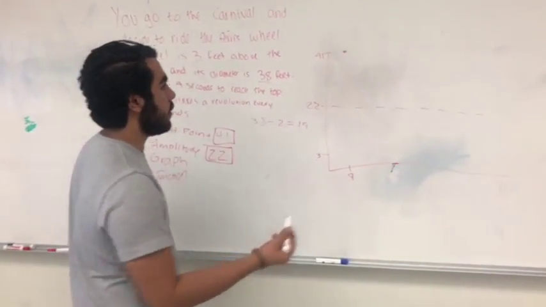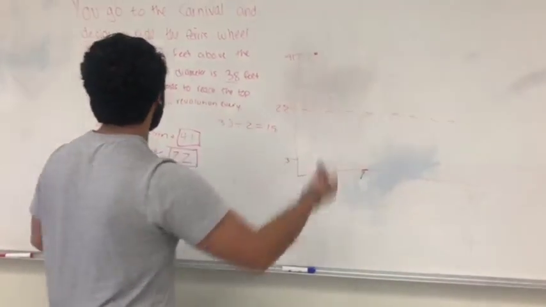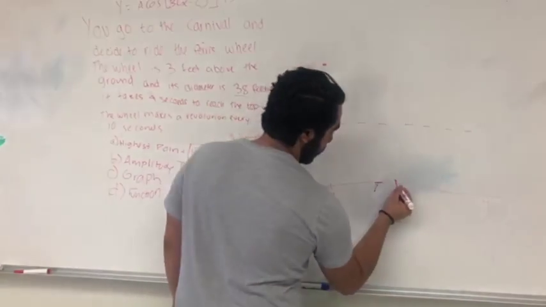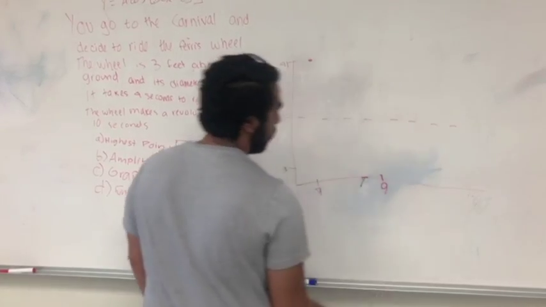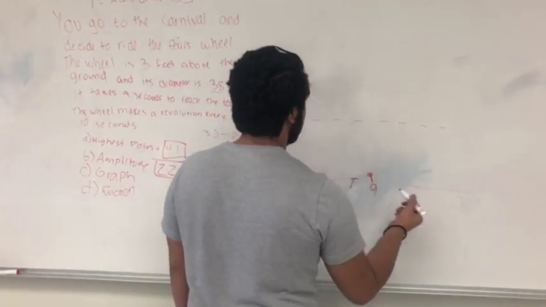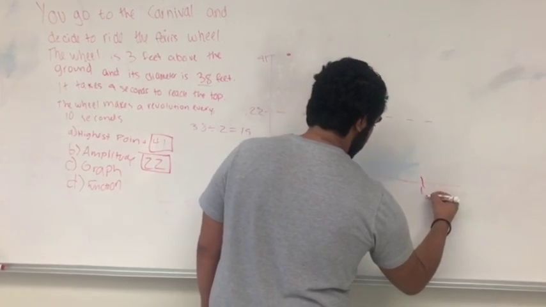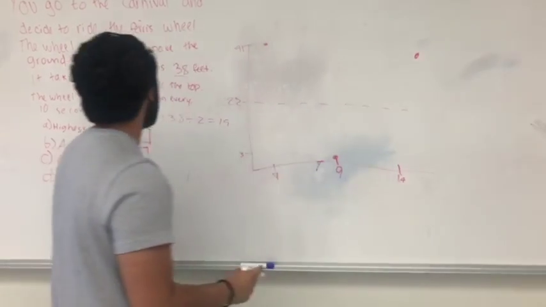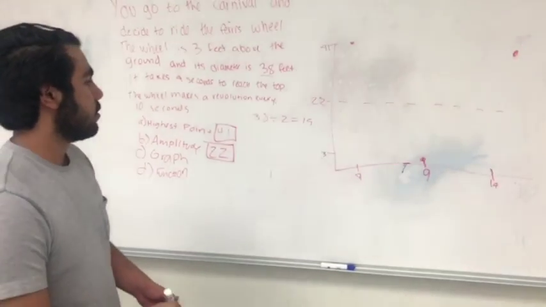At 4 seconds, we have the highest point of the Ferris wheel, but at half time, like in second number 9, it will reach its lowest point, and then at second number 14, it will again reach its highest point because it has a revolution every 10 seconds.